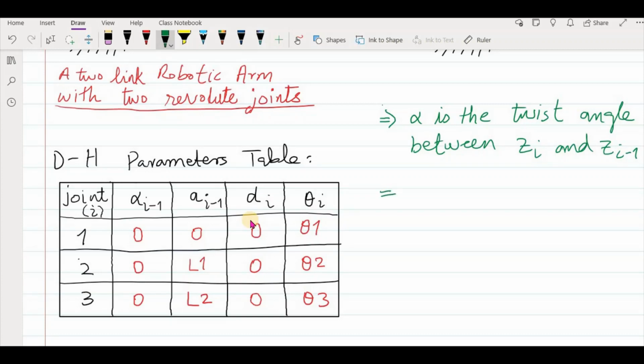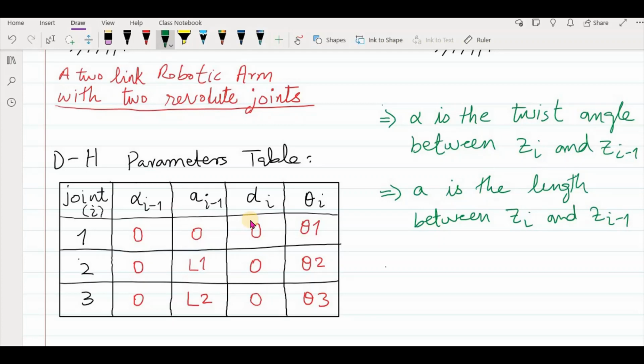And then you have A, which is the length between zi and zi minus 1. So this is the length and this is the angle.